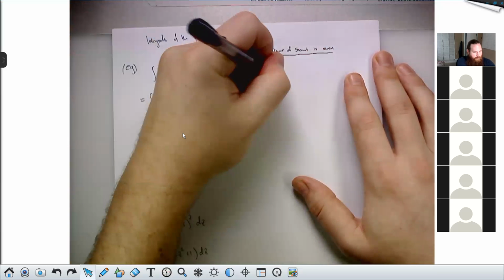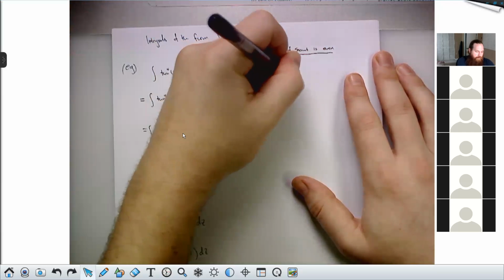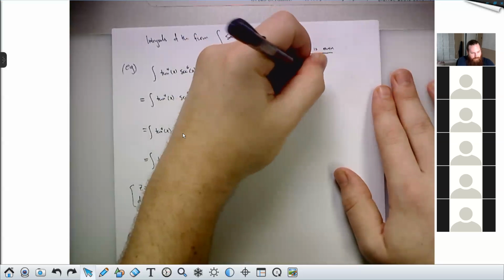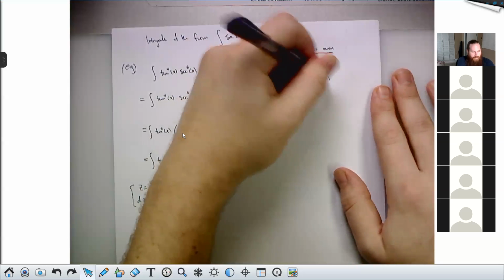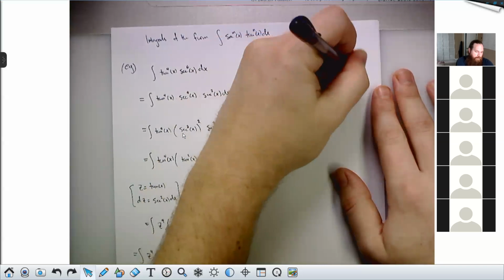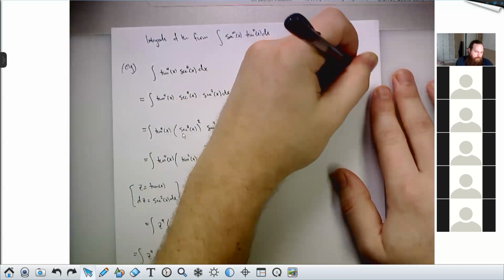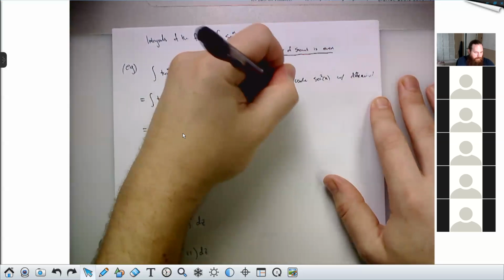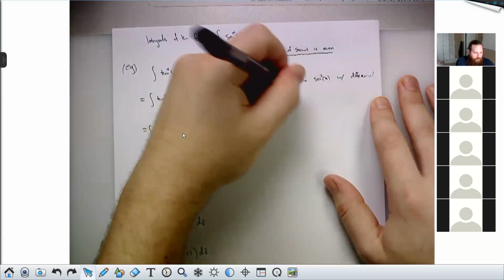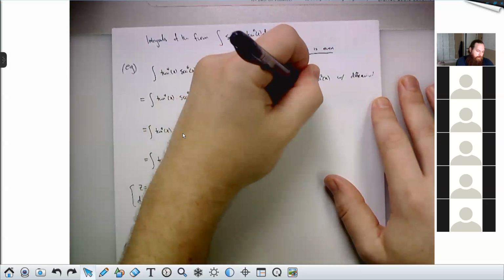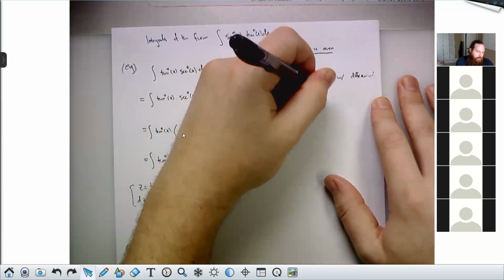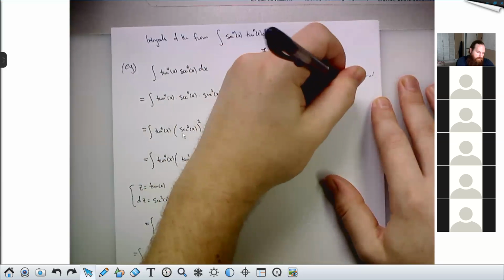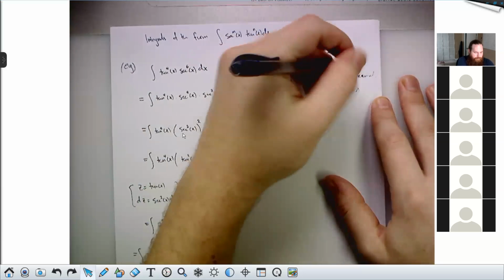Then you will set aside secant squared with the differential, thinking of subbing z equals tan x.